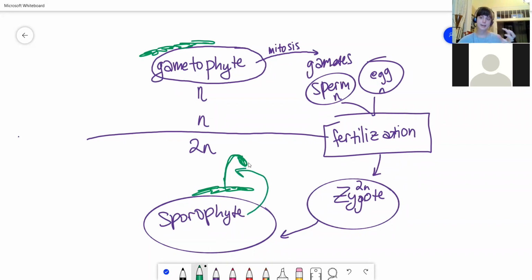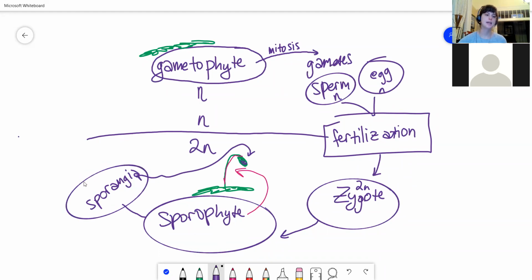Okay, sporophyte releases spores. We're going to have special structures called sporangia, and they're going to be located in different places, but let's say they're in here. The sporangia inside there, they do meiosis. Those cells do 2 rounds of cell division.